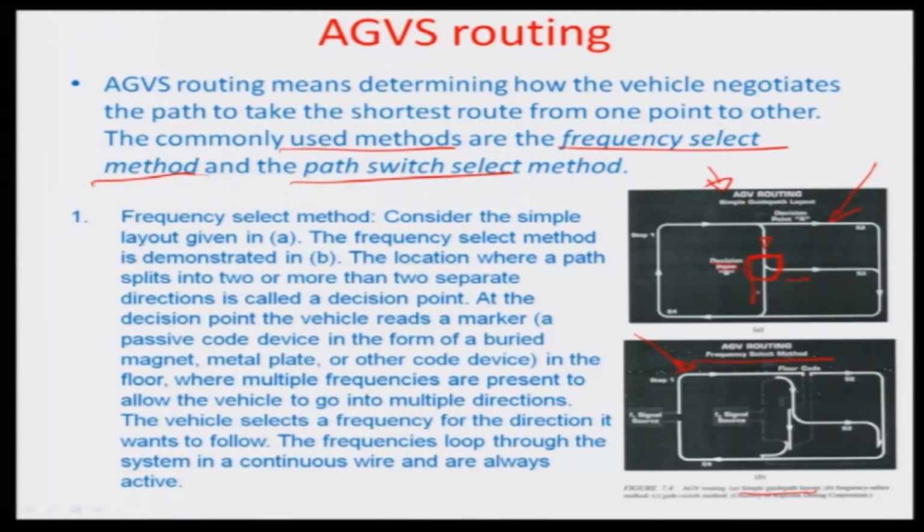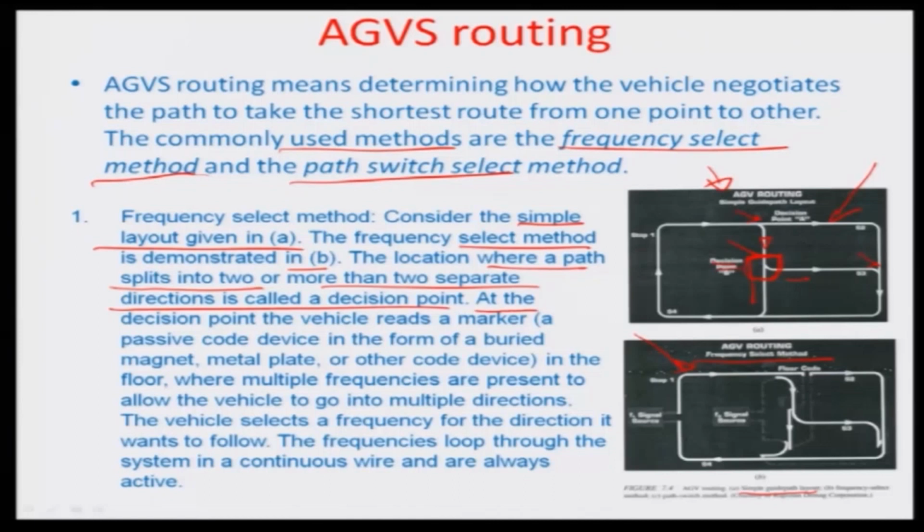Consider this simple layout given in A and the frequency select method demonstrated in B. The location where a path splits into two or more separate directions is called the decision point. Right about here is a decision point, or here is another, or here, wherever there is a splitting into two or more tracks.